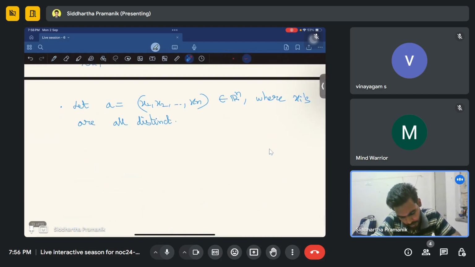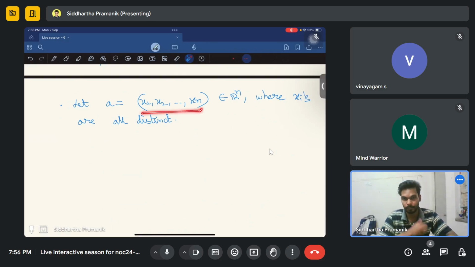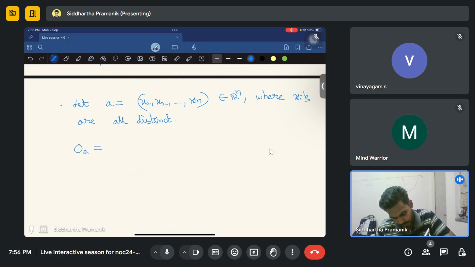But here we are taking all different coordinates. So what is the orbit of A then? So what is this set? So this time can you guess anything? Or exactly how many elements are there in the orbit?